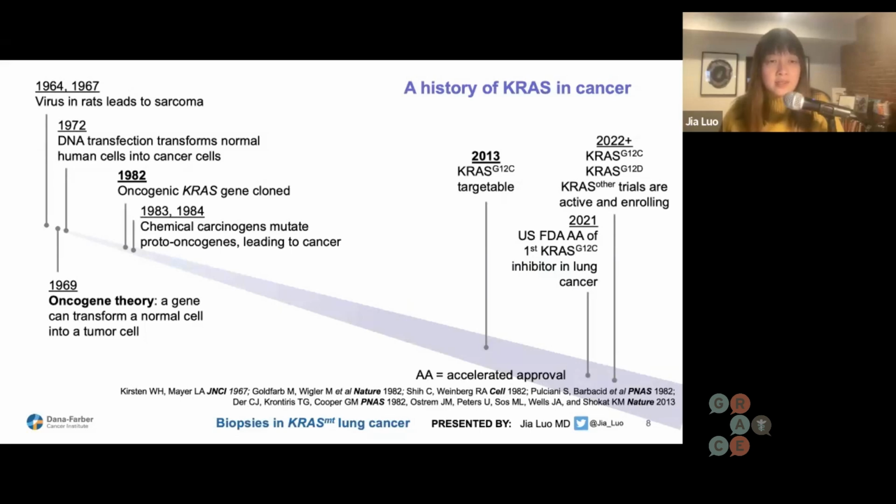Finally, in 1982, we were able to define that KRAS itself is an oncogene, so this mutation alone causes cells to grow and divide when they're not supposed to. And in the 80s, we identified different carcinogens that led to mutations in proteins like KRAS, leading to cancer. Then it took several decades to really identify how we could shut off this signal.